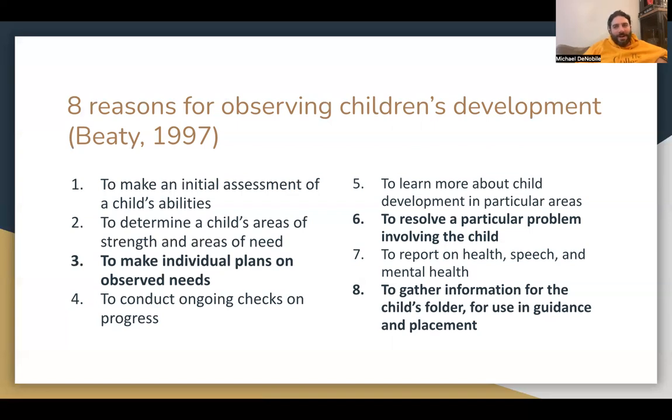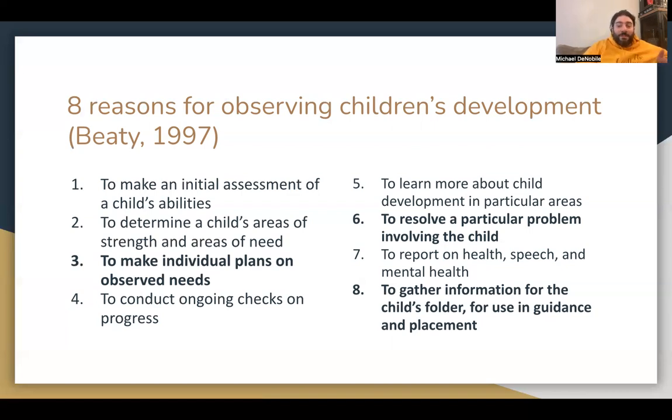So, unfortunately, what ends up happening is that in a given school year, you may have 20 or so students with disabilities who have IEPs or 504s, and in reality, you're supposed to be budgeting your time all throughout the year to make sure that you're getting those observations in time for those IEP reports.